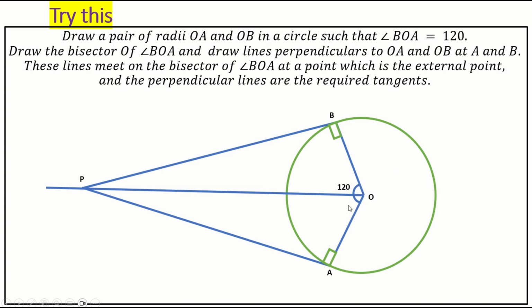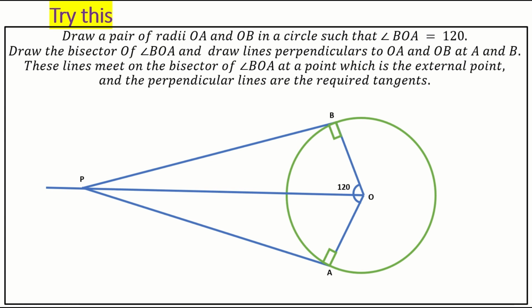Draw the bisector of BOA, and draw lines perpendicular to OA and OB. At OB and OA, draw perpendicular lines. These perpendicular lines will touch the center line OP at P. Now, if you measure this angle, it will be 60 degrees.